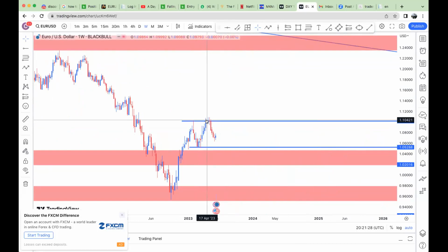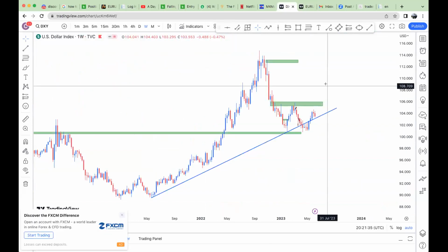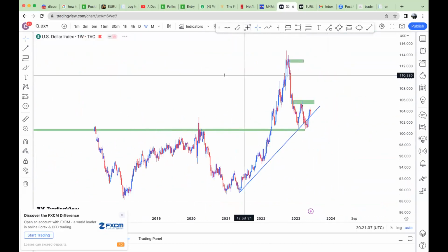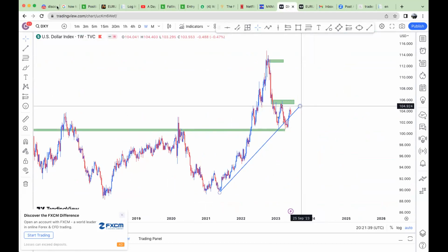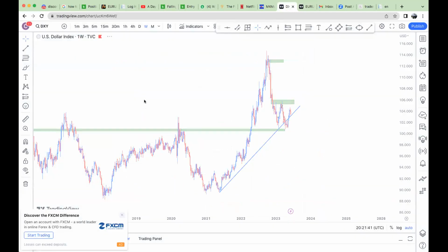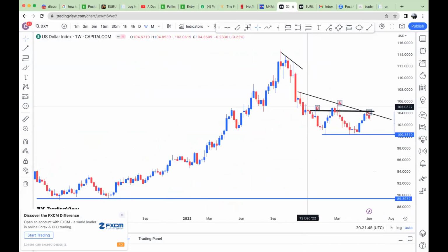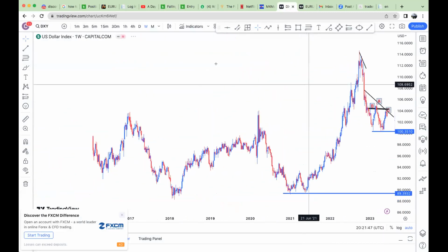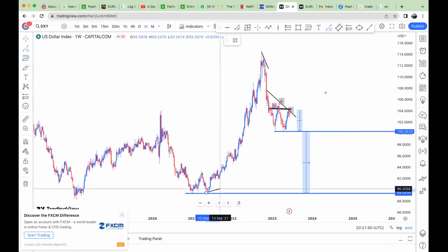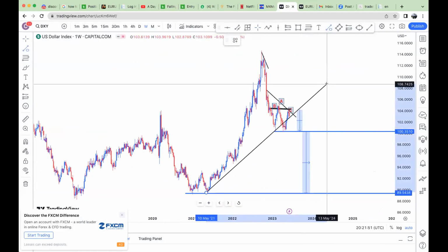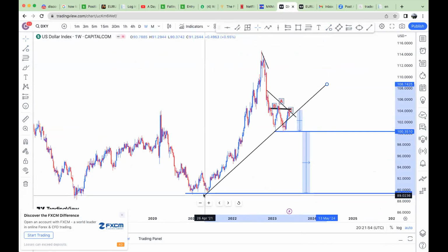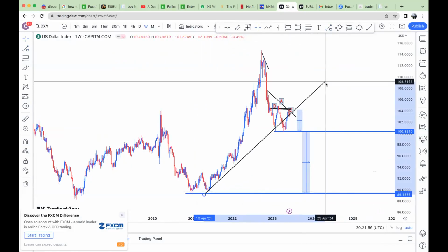All right, so you have a double bottom, you have the neckline. I said you have to look at the XY. So let me show you something on the XY. On the XY, there is a bear pressure. I'm looking at a bear pressure on the XY.